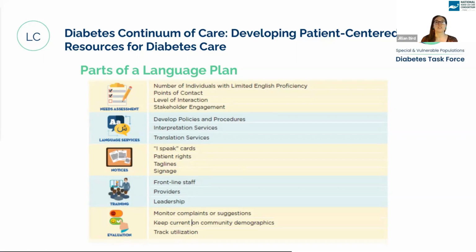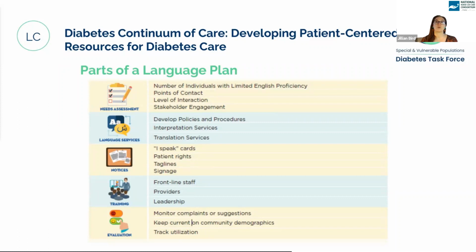And then consider the points of contact: at what point are you going to potentially encounter an individual who may have limited English proficiency? Like your call centers or the registration, your mailings that go out, or your website, places where they're interacting with your organization, might be outreach programs or information lines, the website again.